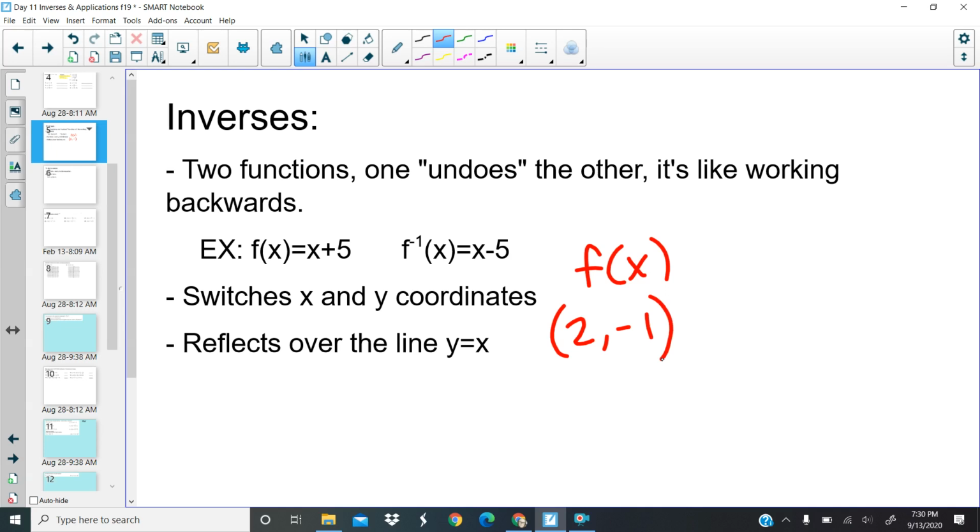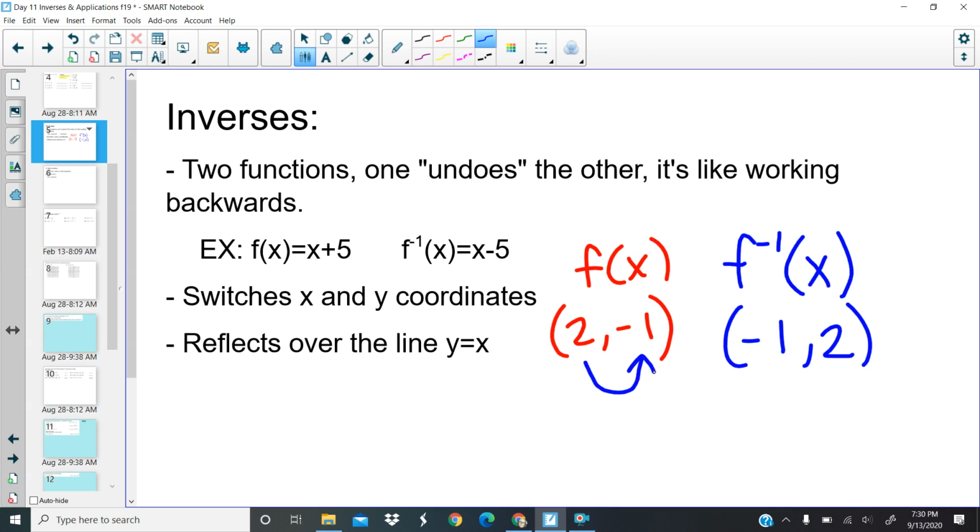The inverse looks like f with a little -1 that looks like an exponent, called f inverse. The inverse of f of x would have the point (-1, 2) on it. You literally just take x and y and switch them. So that's something to keep in mind.